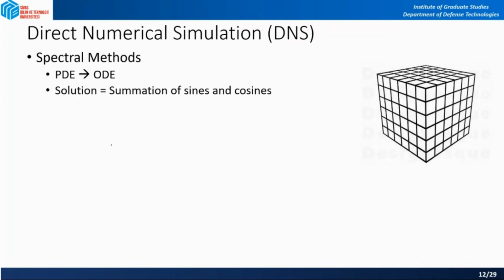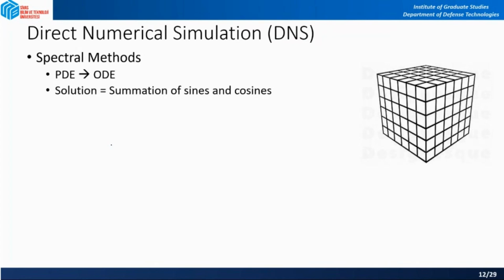So what did we say so far? A spectral method actually converts a PDE, partial differential equation, into an infinite number of ODEs, ordinary differential equations. But the problem is that the computer does not know infinity. So you need to cut them at a number like n. And if n is large enough, you still have a very good estimation of the solution.